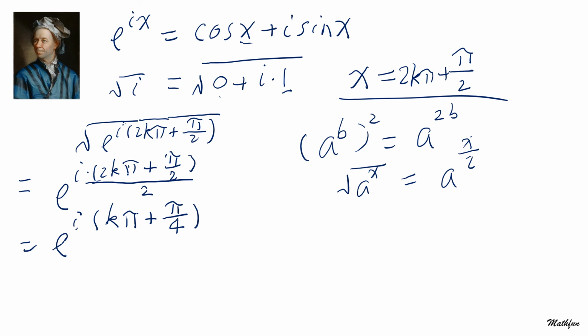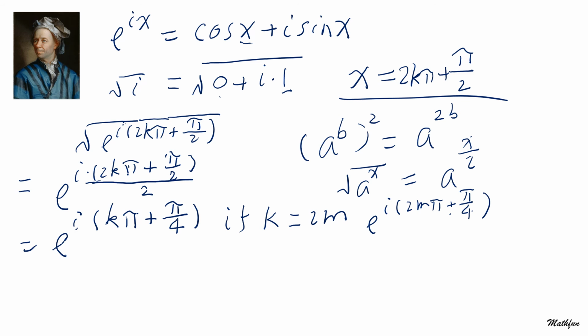And that's why we still get two different answers. So if k is an even number, meaning it equals 2m, then we have e to the i times 2m pi plus a quarter pi.